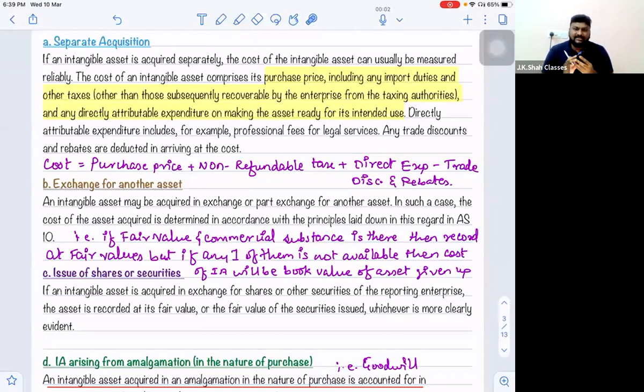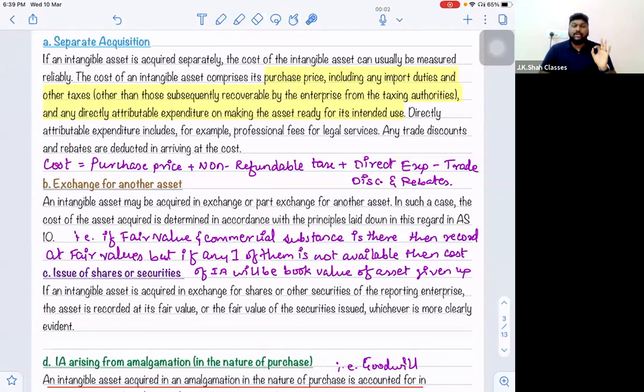I have a Mercedes-Benz car, I gave my Mercedes-Benz car and took up a patent. So here the logic is: if there is a commercial substance in this transaction, plus the fair values of the assets are available, then the exchange can be recorded at the fair value of the asset given up or fair value of the asset taken up, whichever is more clearly evident.